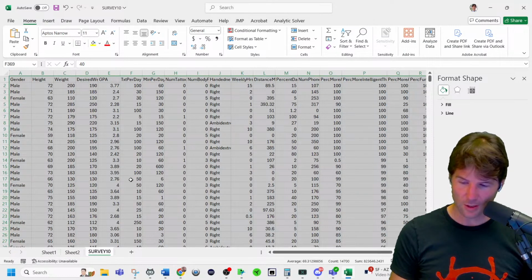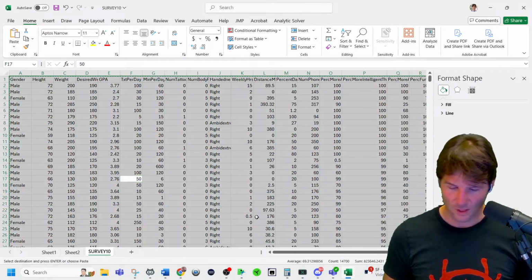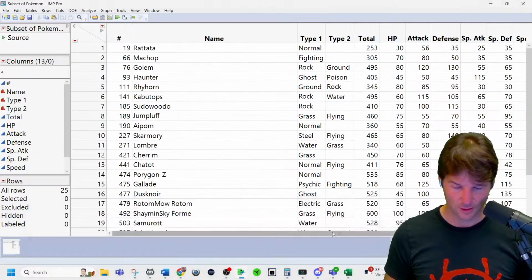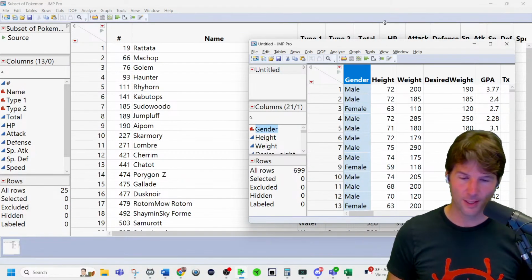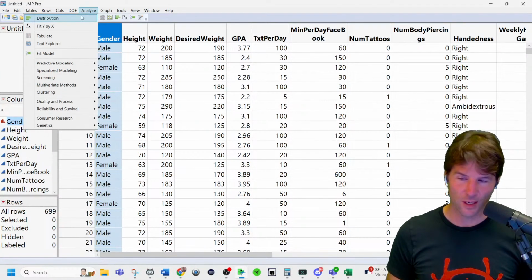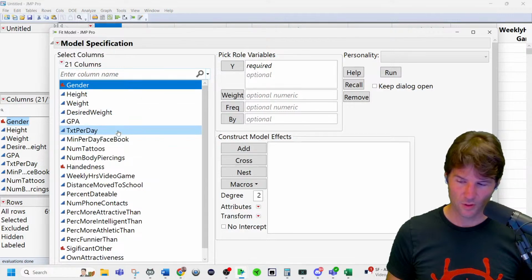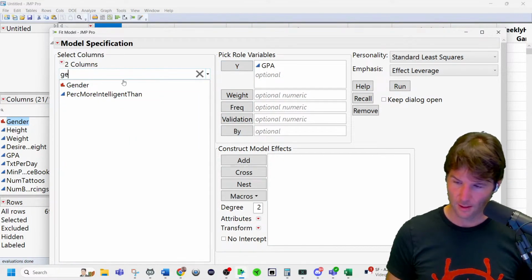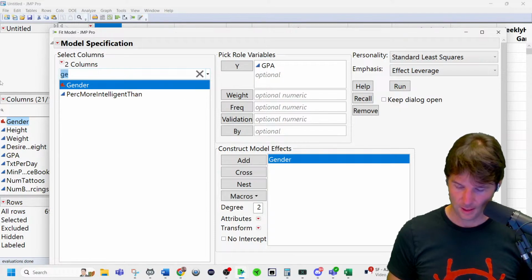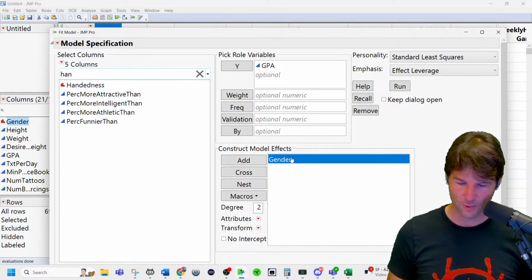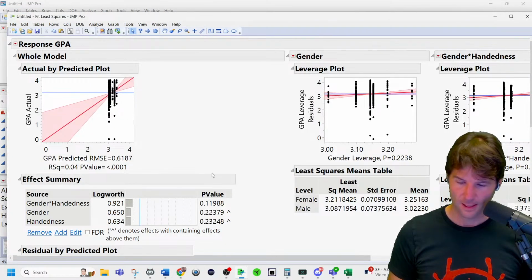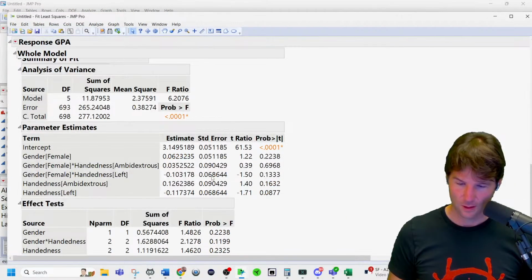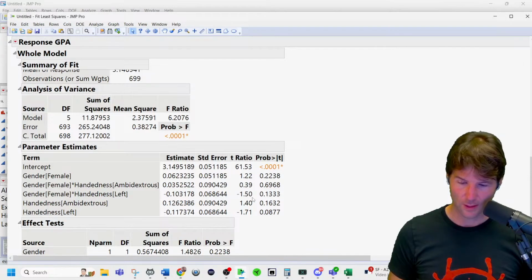But what we would actually do right here, if we really wanted to see if there are differences, is we'd go over to JMP, and we'd see if GPA can be explained by gender and handedness. We're even going to include their interaction. And then we'll include handedness over there. So let's run this. And the answer is the differences are actually not statistically significant.